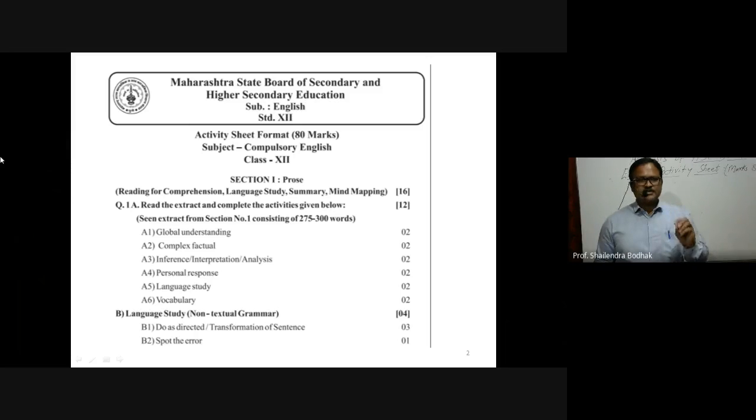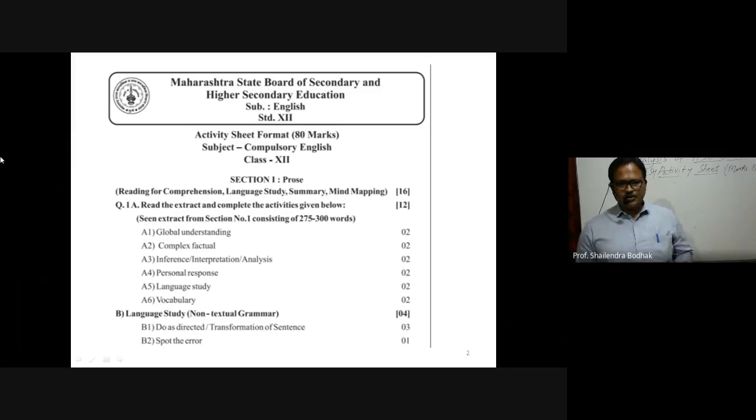Then activity 4, personal response, that you know, means the question is asked to the students and you have to answer personal response questions in 5 to 6 sentences in your own simple English, that is called personal response. Now, what sort of questions may come in activity 4, that is personal response, that is expressing views.